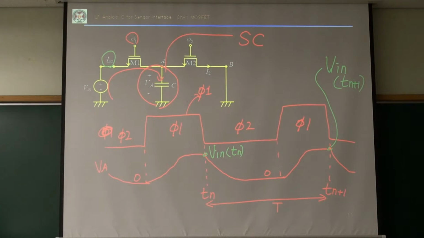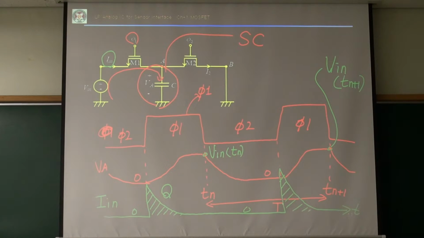This Iin current may look like that. This is 0, right? It's an Iin current, right? The amount of current integrated with time, that's a charge, right?